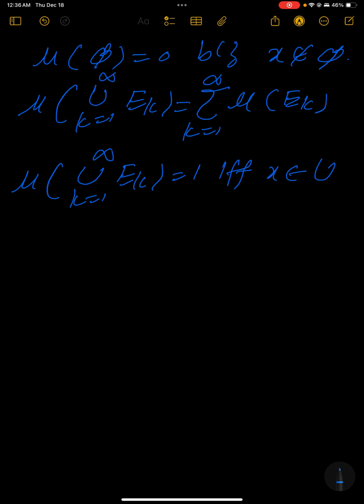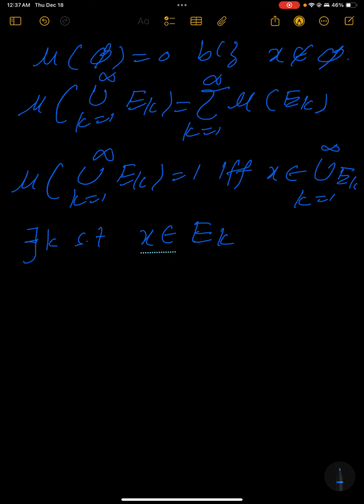Now because the measure we define takes two values, first it takes 1 if and only if x belongs to union of k is equal to 1 up to infinity Ek. So if x belongs to the union, this means that there exists k such that x belongs to Ek. If something is in the union, this means that there will be at least one set to which that element belongs.